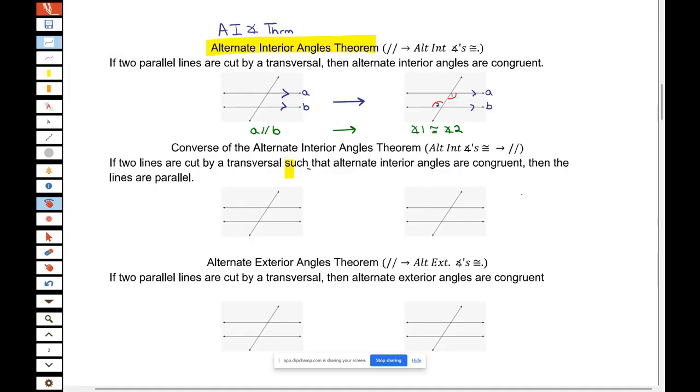Of course, when we're doing the converse of the alternate interior angles theorem, we are actually doing the converse of that.